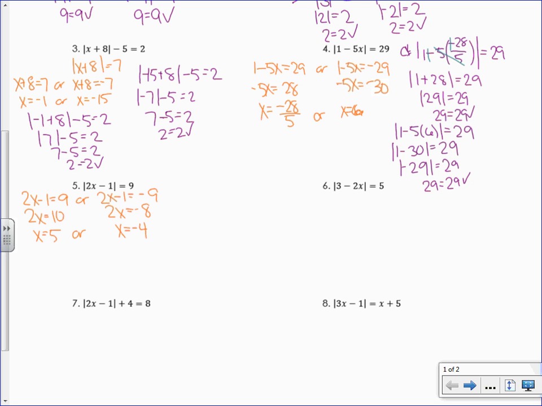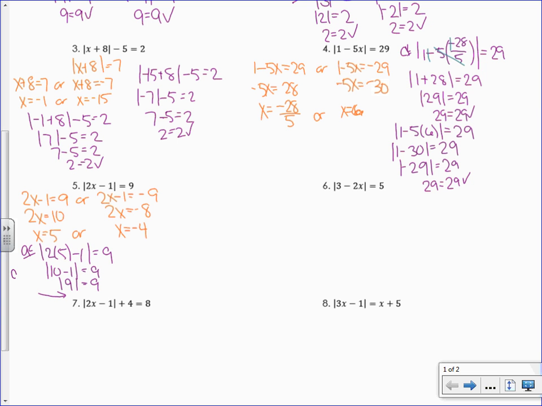And now we can check those. I'll check 5 down here. So now I got the absolute value of 2 times 5 minus 1. That's the absolute value of 10 minus 1, which is just the absolute value of 9.